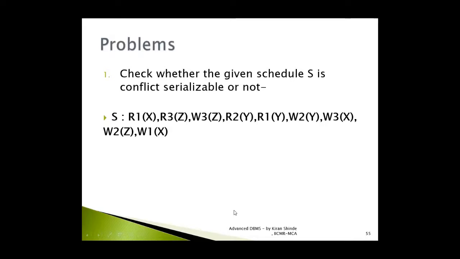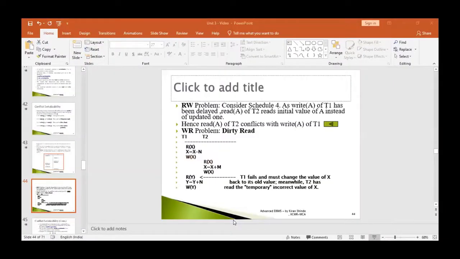Let me take you to the document which I have already prepared, so that you can understand how to transform the given series of instructions into the transaction format. With the serial numbers 1, 2, 3 in the problem, you can easily understand how many transactions are involved in the schedule.